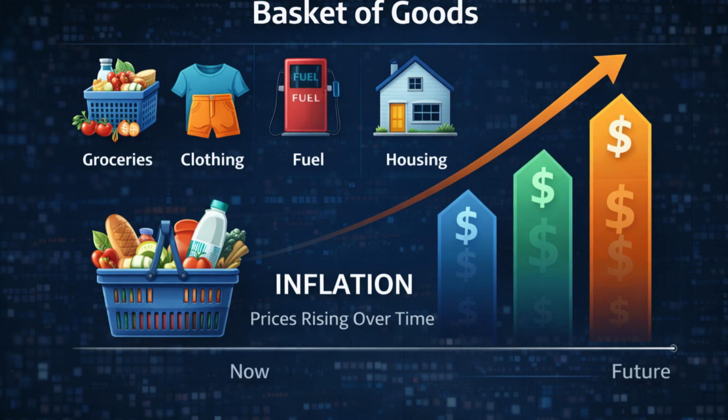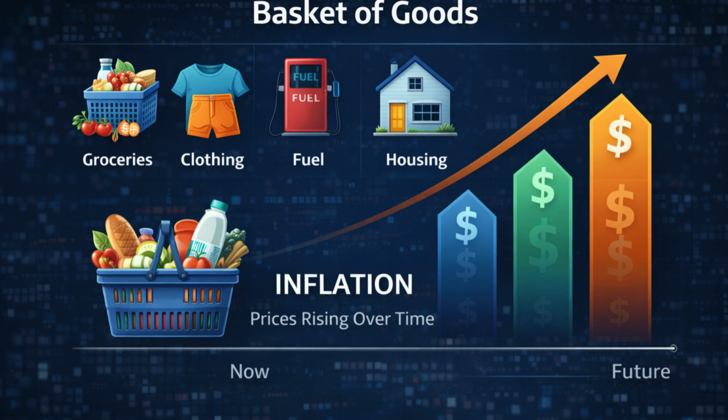Price index numbers measure how the prices of goods and services change over time. They are among the most widely used indices in economics. The basic formula for a price index is: price index equals cost of basket in current period divided by cost of basket in base period, multiplied by 100. The key idea is the basket of goods. Economists select a representative set of products that people commonly buy.